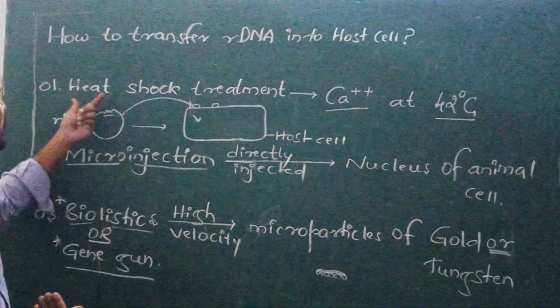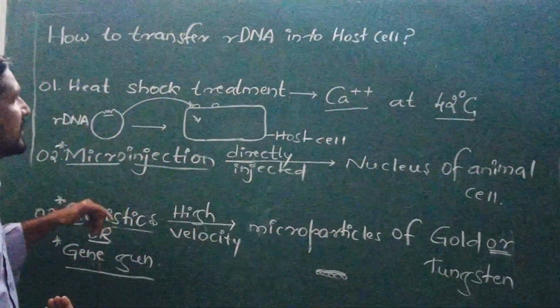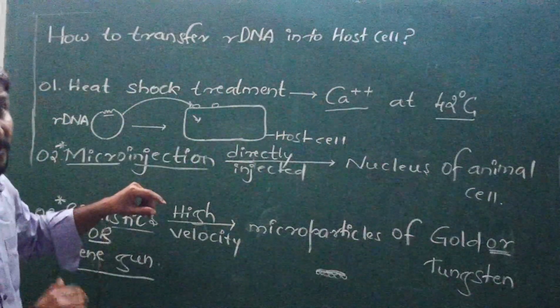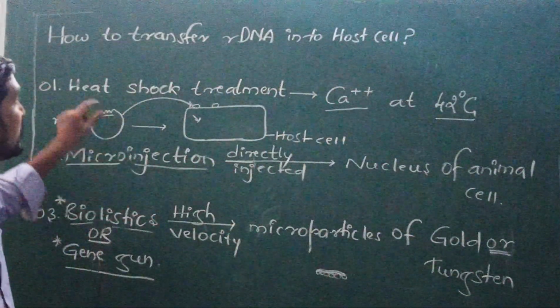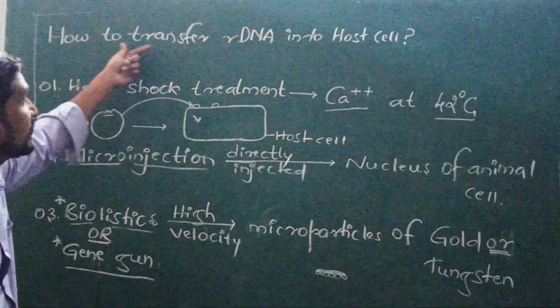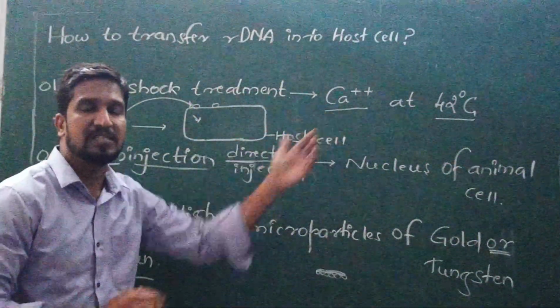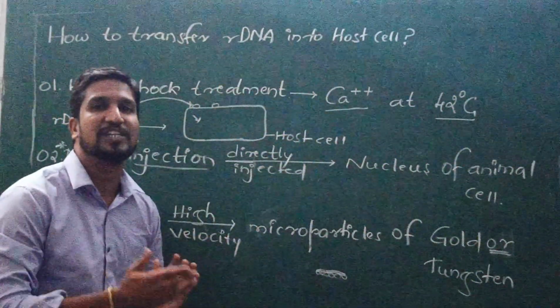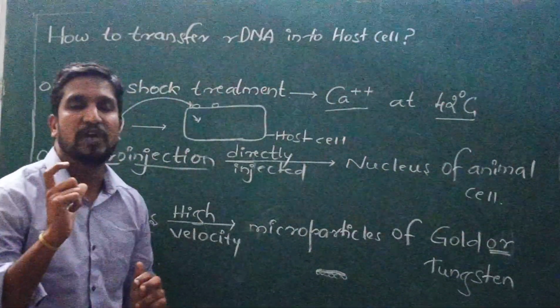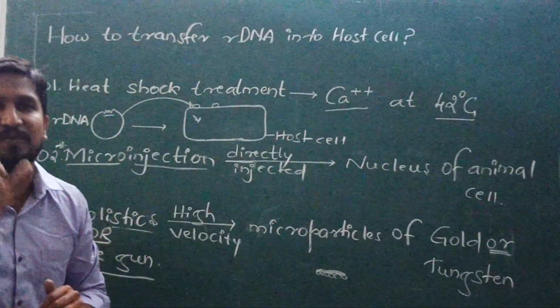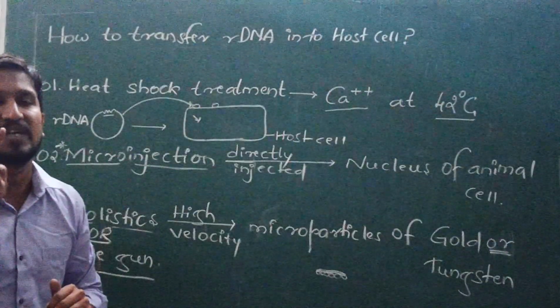If we go to heat shock treatment, they will ask what is the divalent ion or what element is used in heat shock treatment while transferring rDNA? It is just calcium divalent. Some students will write only calcium ion. If the student writes only calcium ion, they will get 0 marks because of the divalent.